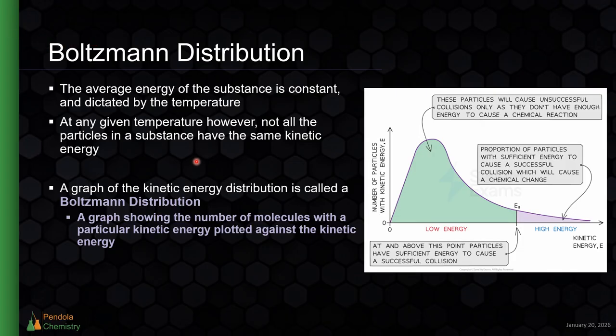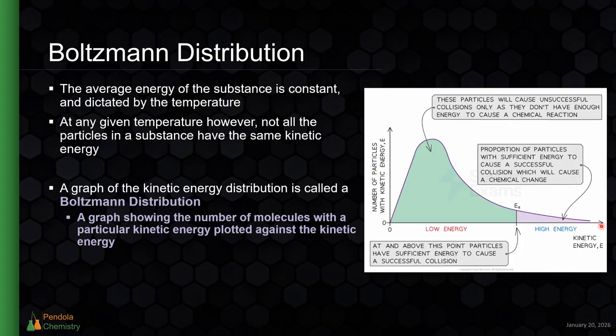A Boltzmann distribution is a statistical graph of the kinetic energy of the molecules. The definition of a Boltzmann distribution is a graph showing the number of molecules with a particular kinetic energy plotted against the kinetic energy. The y-axis is the number of particles, so the higher up the graph goes on the y-axis, the more particles are in that particular section.